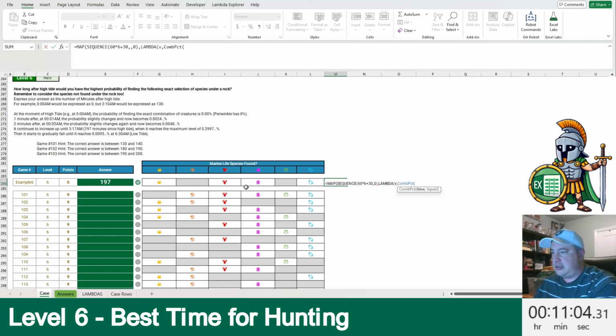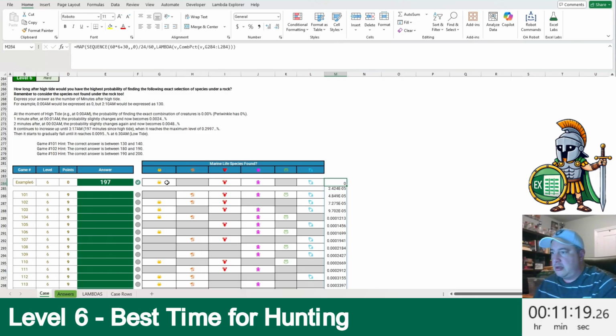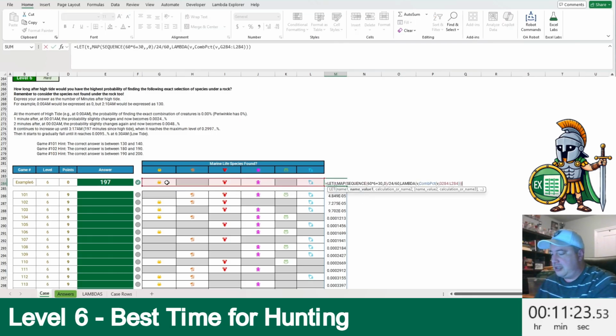Combined percent of our time, which is, we need to divide by 24 by 60. Okay, so v and our inputs for animals are here. So that gives us all these values. Let that be t, and then we'll say x match max t minus 1 because we started at 0.